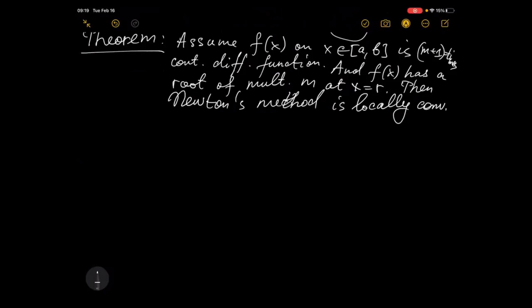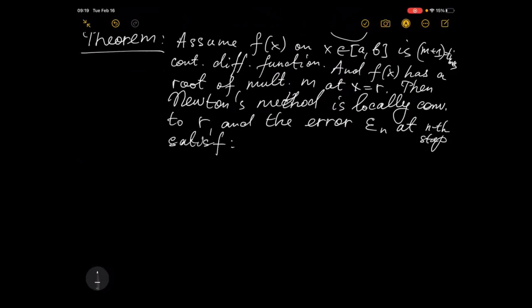Okay, so Newton's method is locally convergent to r, and the error epsilon n at step n satisfies, as n goes to infinity, epsilon n plus 1 divided by epsilon n, which is (m minus 1) divided by m.